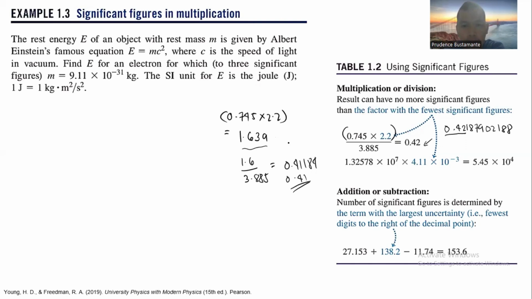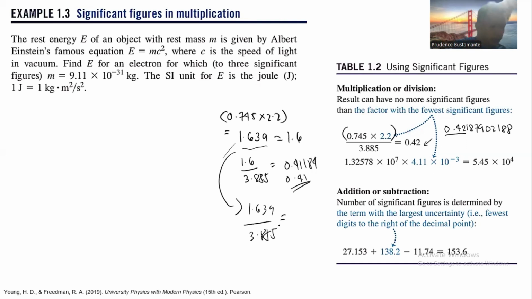Instead of using 1.6, you use 1.639 over 3.885, so that you can have 0.42.